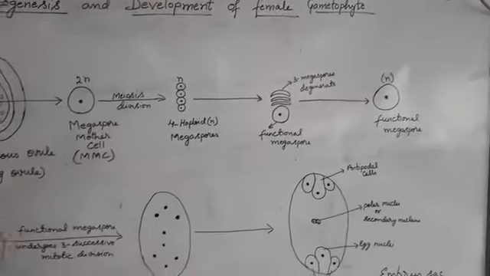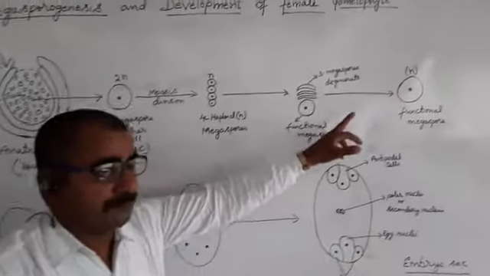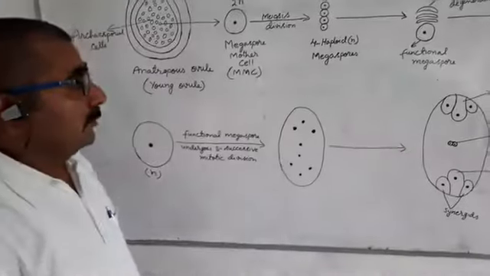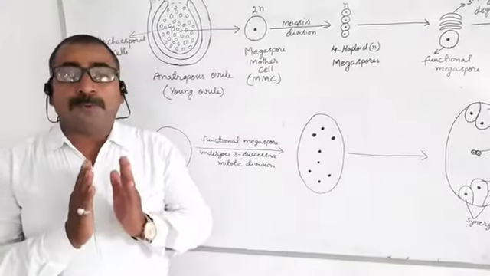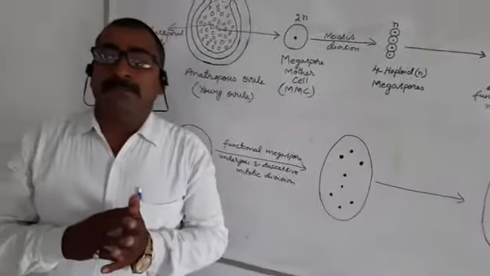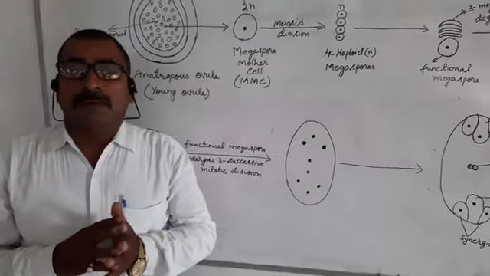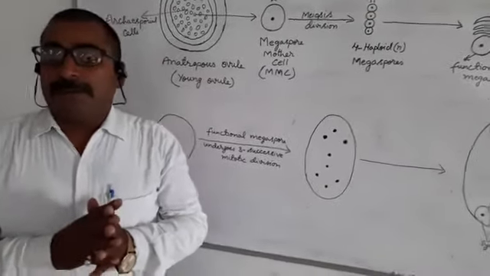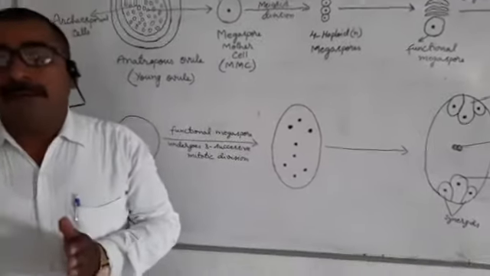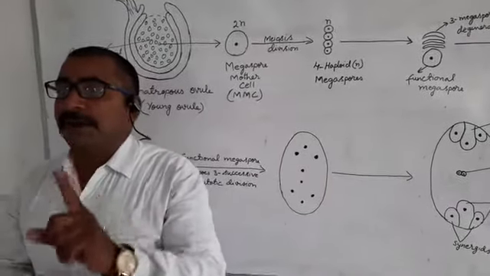Now students, in angiospermic plants, the development of the female gametophyte is known as monosporic. Monosporic development of the female gametophyte means the embryo sac or female gametophyte develops from a single functional megaspore.